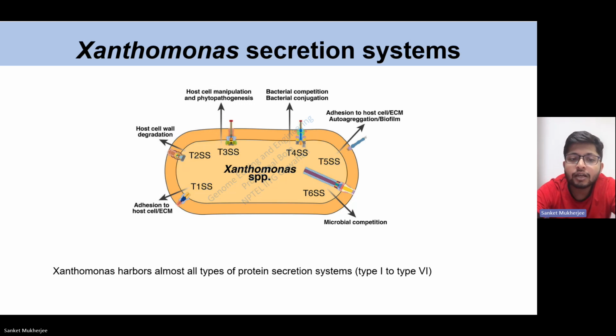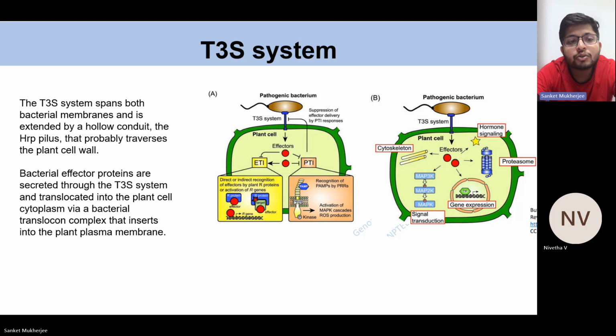So Xanthomonas harbors almost all types of secretion systems, from type 1 to type 6. And this is where we discovered TALEs initially. Regarding the T3S system, it spans both bacterial membranes and is extended by a hollow conduit, which is the HRP pilus.